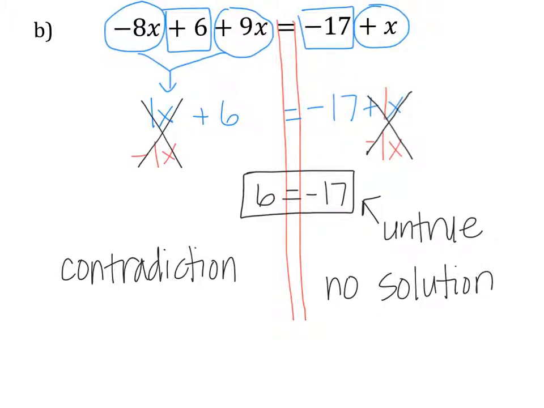What that means is that there is no number that we could put in the place of x and have this equation work out. Those are two special cases that you may run into when you're solving equations. So there are 3 options of answers that you may get.